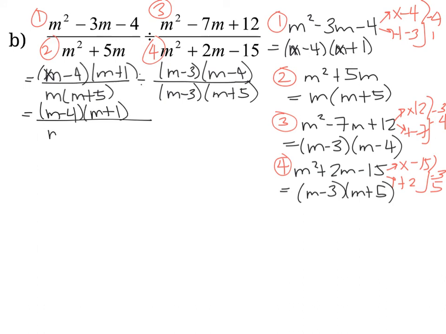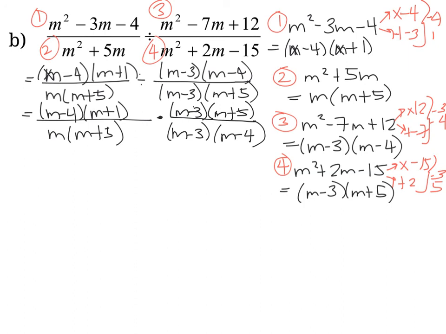This guy doesn't change, and then m times m plus 5. And then we are going to change the division sign to a multiplication sign and flip this fraction. So our numerator is now going to be m minus 3, m plus 5. And our denominator is going to be m minus 3 and m minus 4.